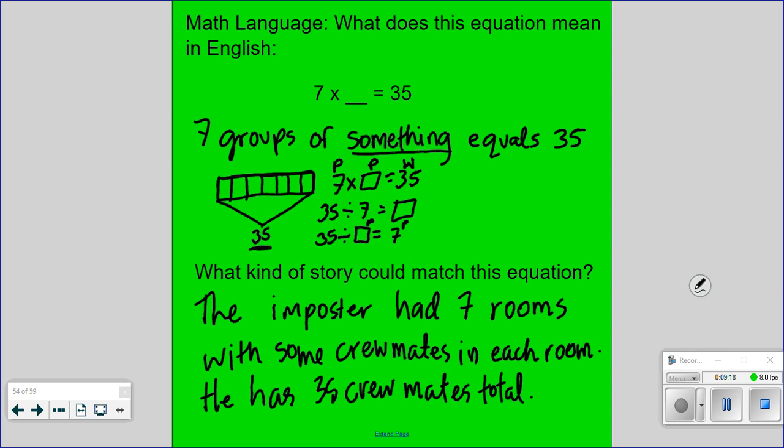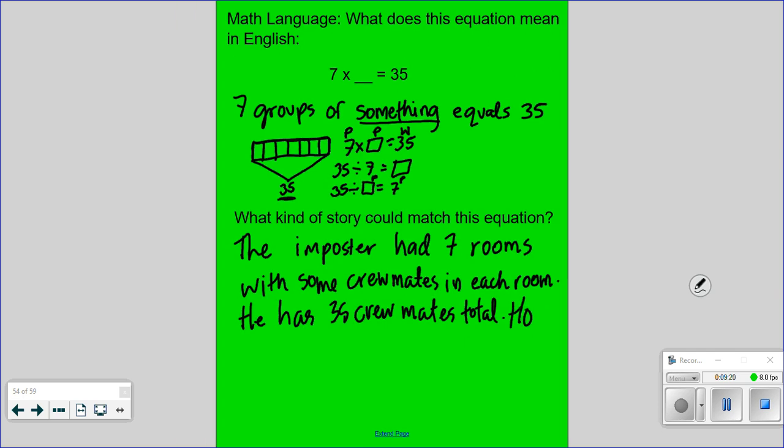Great job, Gwen. How many crewmates are in each room? What? 35. That is our total.